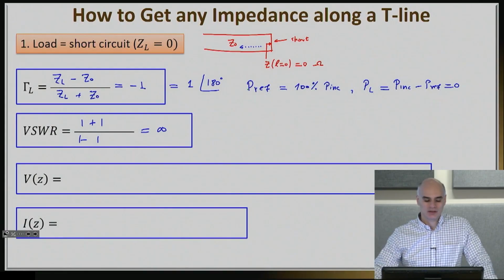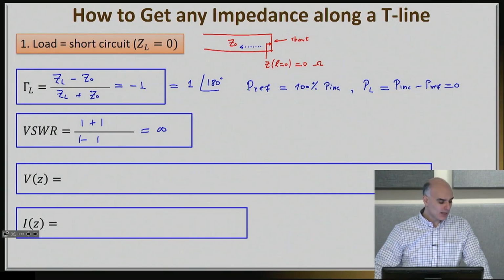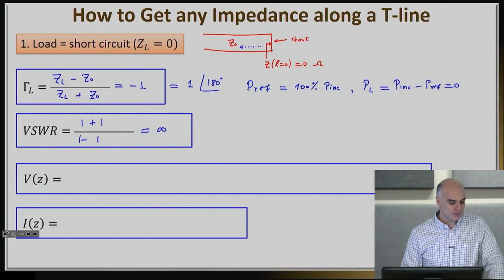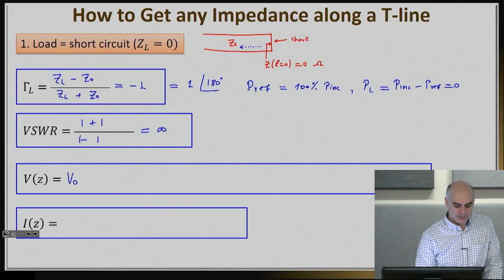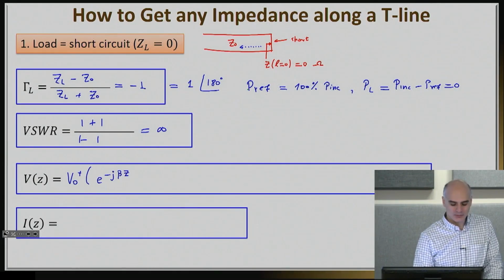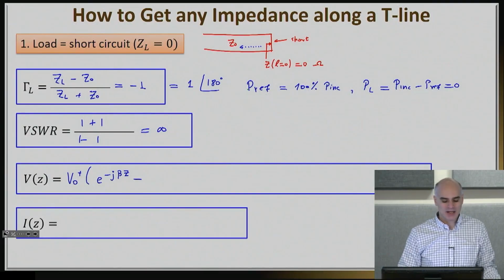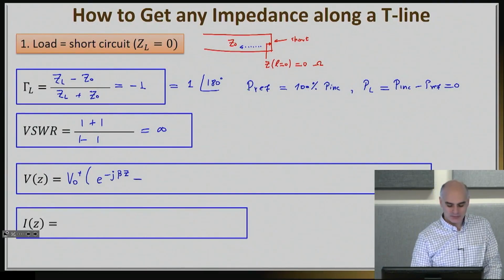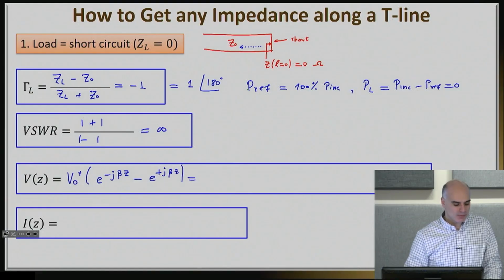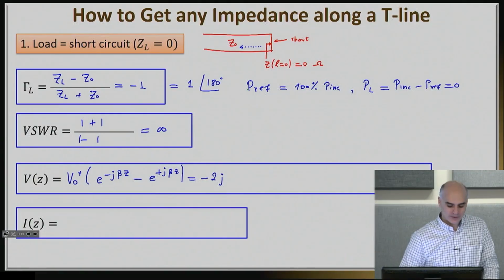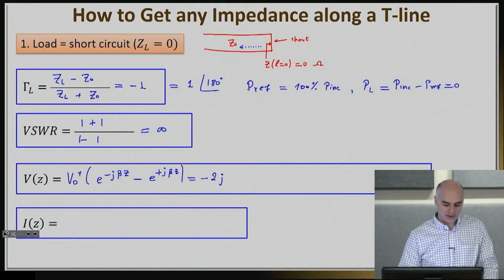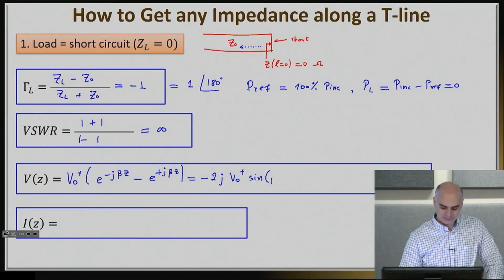Now, if I go and write down the expression for V of z, this will be equal to V0 plus e to the negative j beta z for the incident wave. Now, my gamma L is -1, so this will be negative e to the plus j beta z, which means that this will be equal to -2j V0 plus sine of beta z, if I do the exponential calculation.